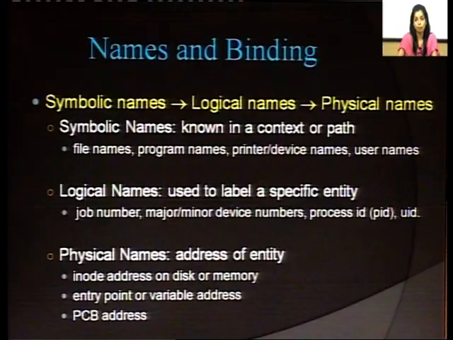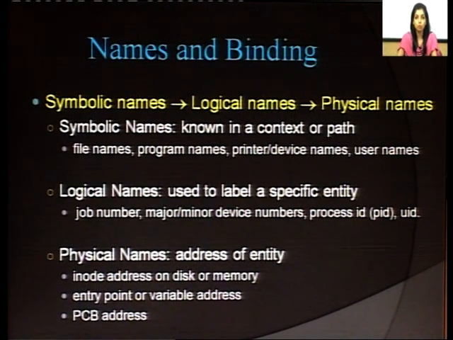Now naming and binding: how do we relocate addresses in main memory? Firstly, we convert the symbolic name into a logical name, then that logical name is converted into a physical name. A symbolic name is like the name of a student, and a logical name is like the student's class roll number.